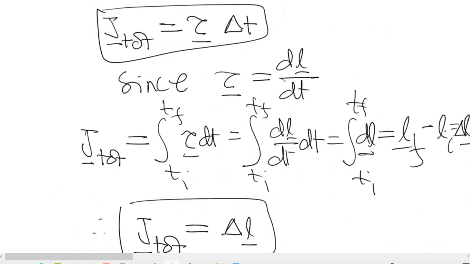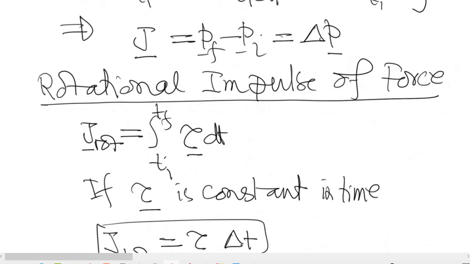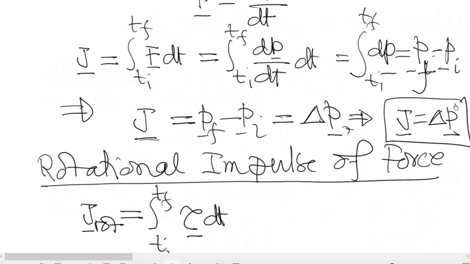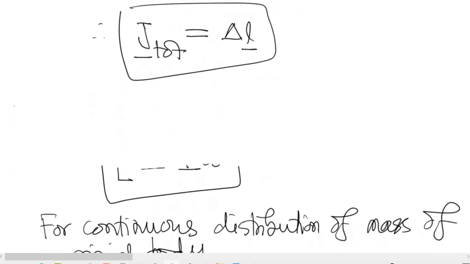And previously we found that J equals delta P, the change in linear momentum, gives the impulse of force in the case of rectilinear motion.